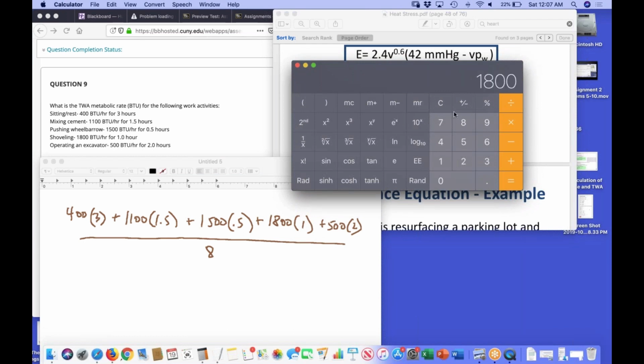Add that to memory. And finally 500 for a duration of 2 hours. Add that to memory. Clear this. I'll recall memory, and I'm going to divide by 8. It was 6,400 divided by 8. That comes out to 800 BTUs per hour, the time-weighted average metabolic rate. Okay, so we'll move on to the next question.